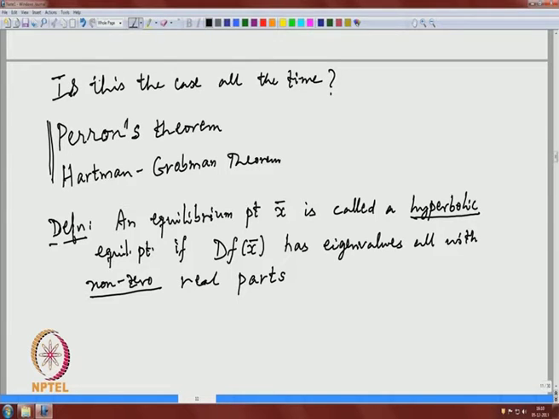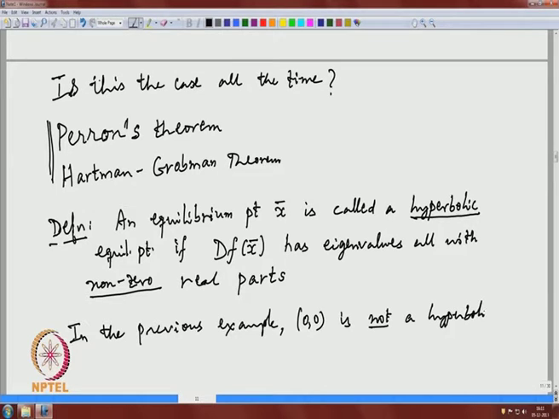So, in the previous example, (0, 0) is not a hyperbolic equilibrium.